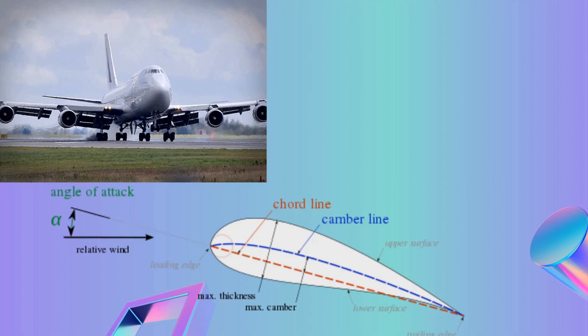So if somehow we can change the angle of attack, which is the angle made by the chord line with the horizontal, we can increase the lift force on the wing, right? We use the same concept to increase the lift.